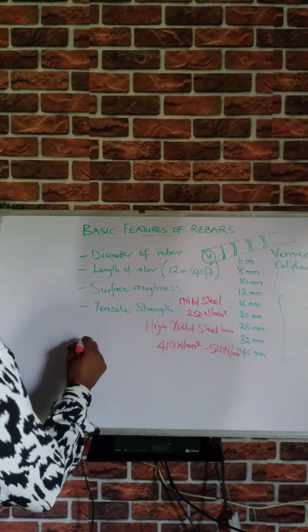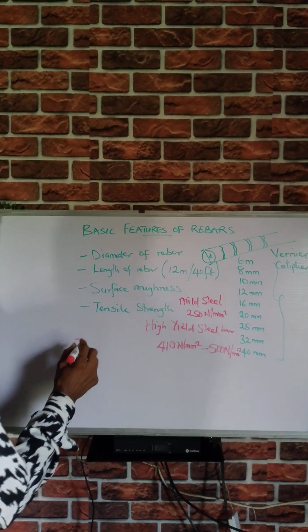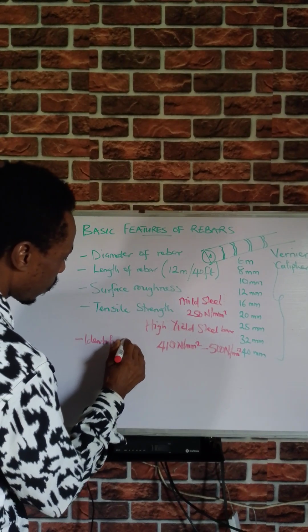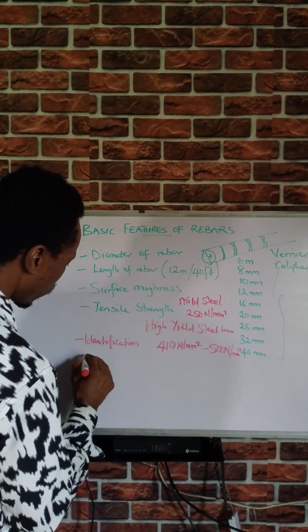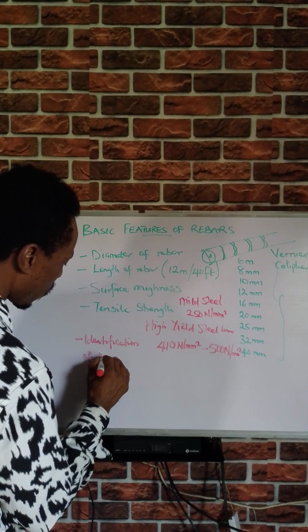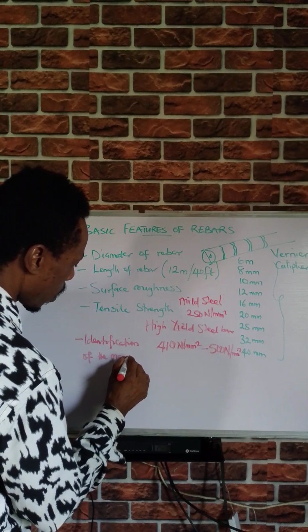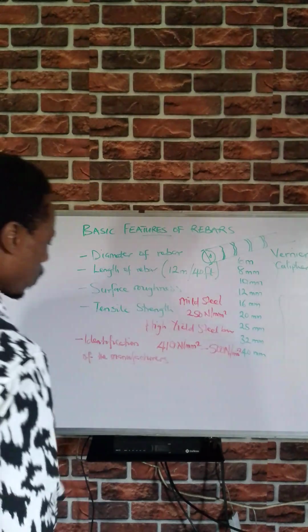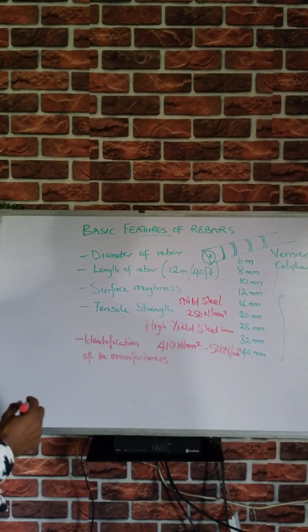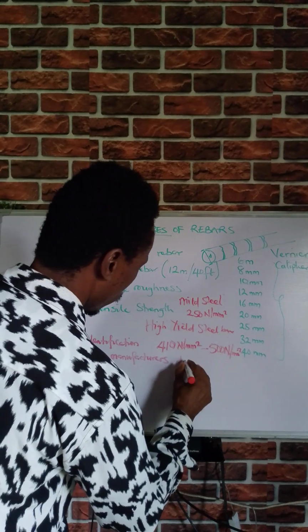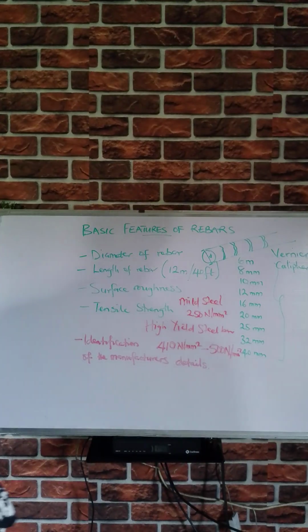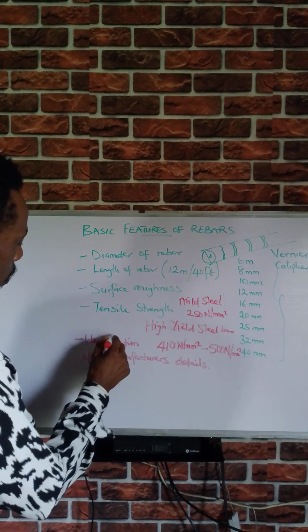Then we also have to look at the identification of the manufacturer. Okay, we have different manufacturers, with different manufacturer details.